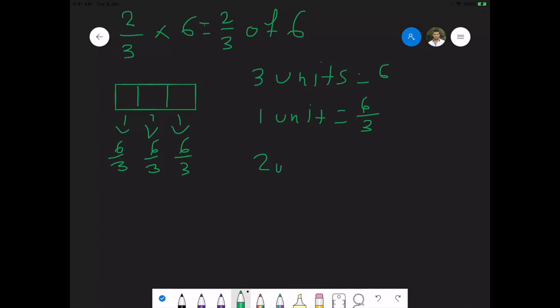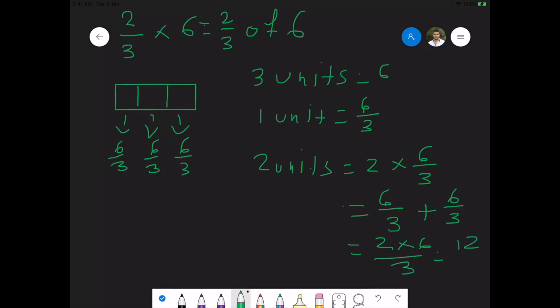So 2 units will be 2 of 6 divided by 3, because each unit is 6/3, which means 6/3 plus 6/3, which is 2 times 6/3, which is 12 divided by 3, and that gives us 4, the same answer that we got before when we used the tape diagram.